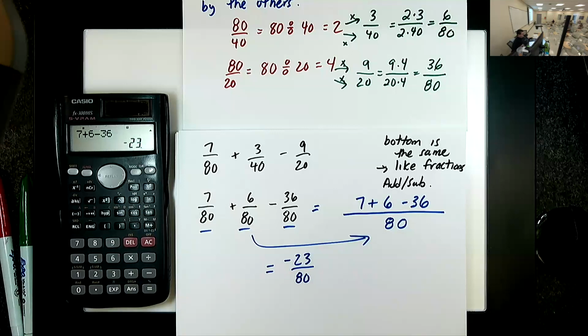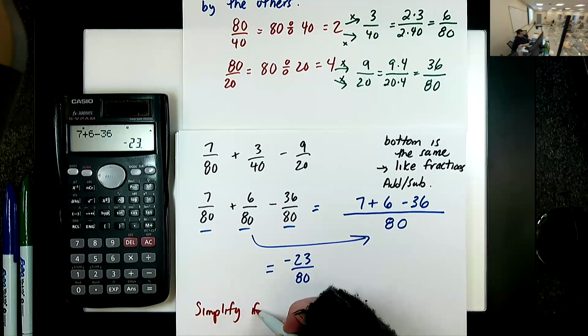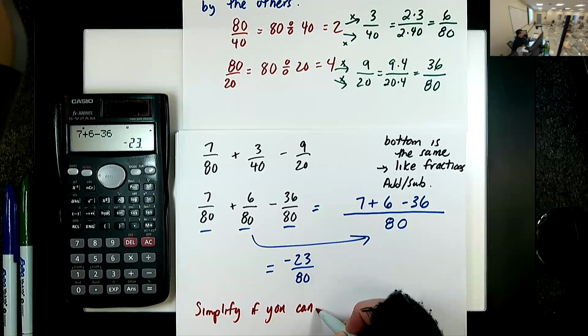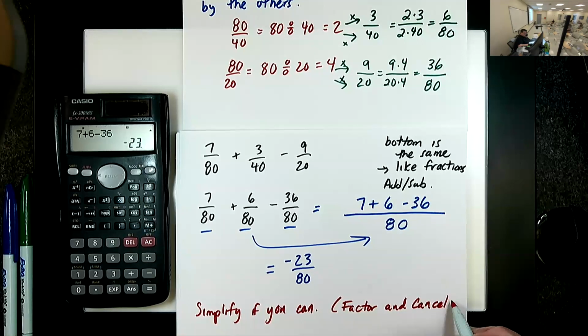The last step is simplifying. Simplify if you can, which means doing the factoring and canceling stuff out. We cannot do that here. 23 is a prime number.